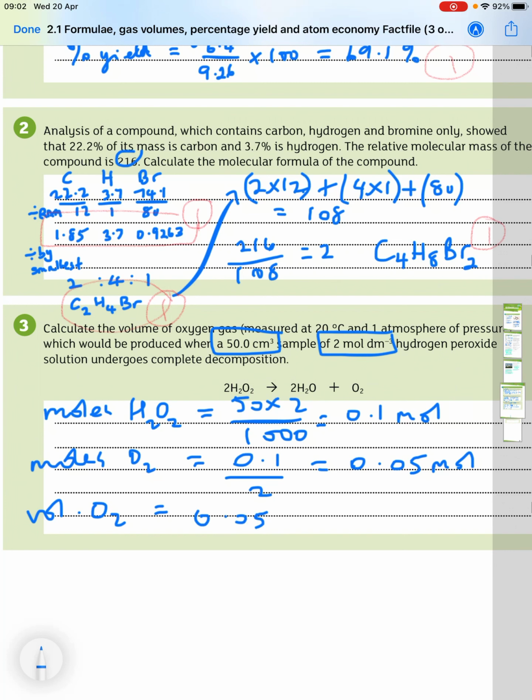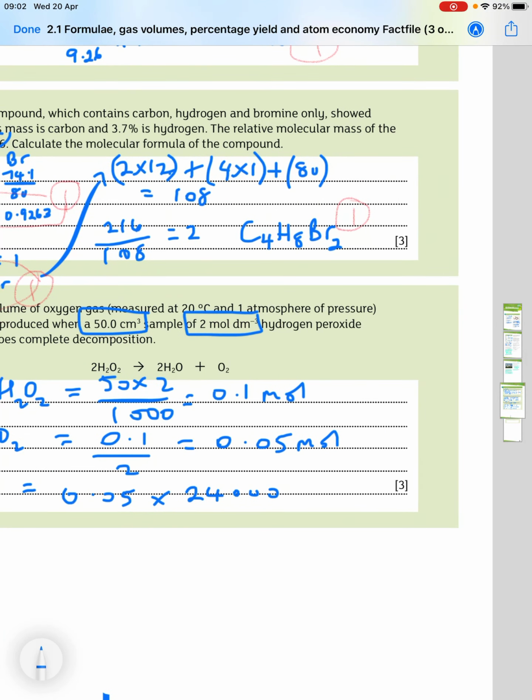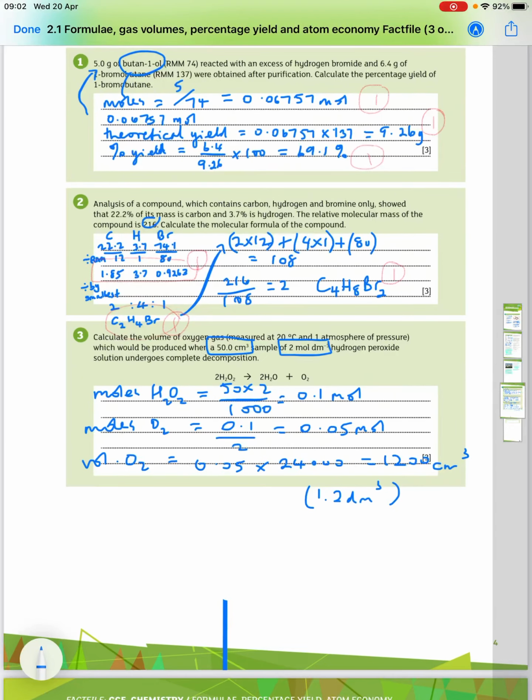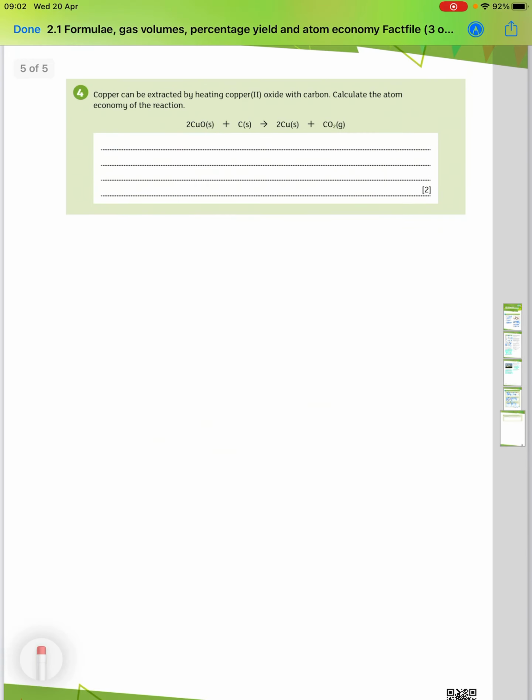And then the volume of oxygen is 0.05 times 24000, which is 24 dm cubed, which is 1200 cubic centimetres. Or you could write that as 1.2 dm cubed.